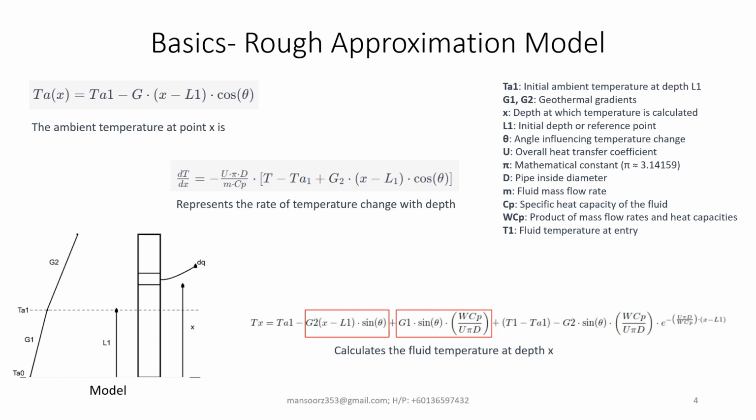Let's move to the second term, which is the convection. This term represents heat transfer through convection. It takes into account the heat transfer coefficient, U, which influences the rate of convection heat transfer. The greater the U value, the higher the rate of heat transfer through convection. And we also have the third term, which is advection.